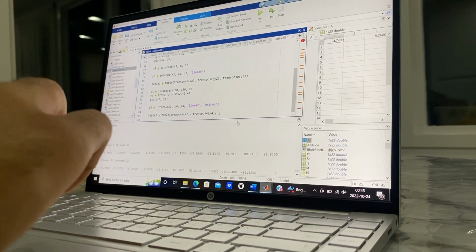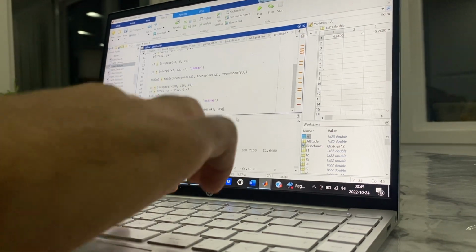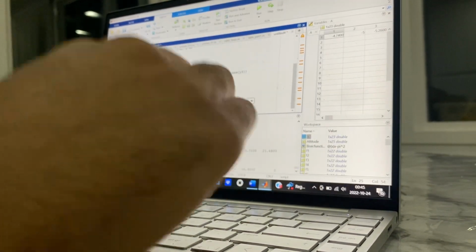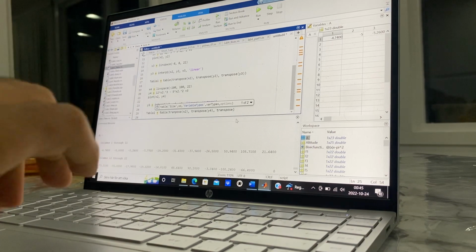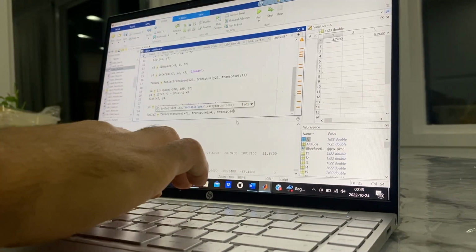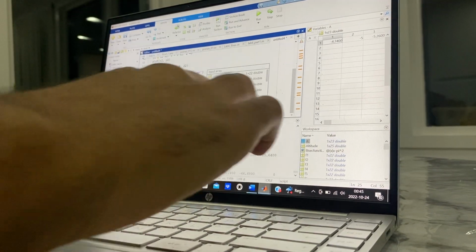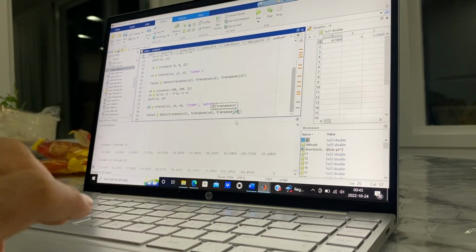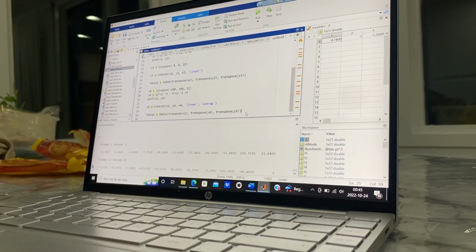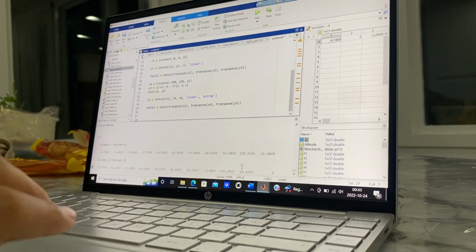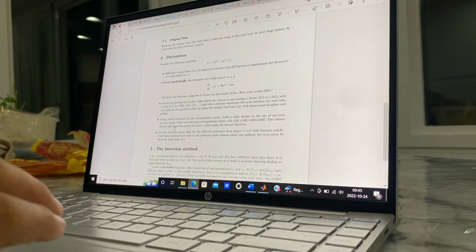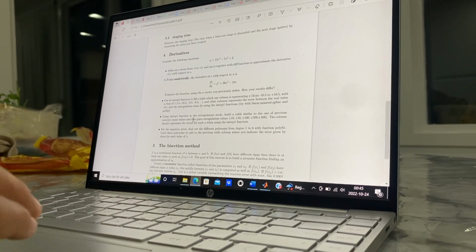And then I will transpose the interp1 function in the extrapolation mode, y5. So that's what I've done now.